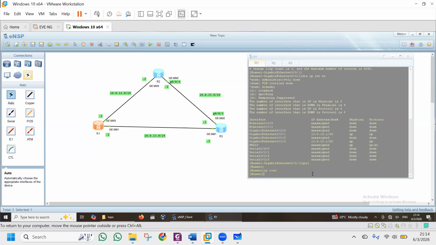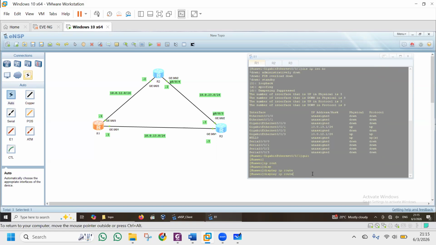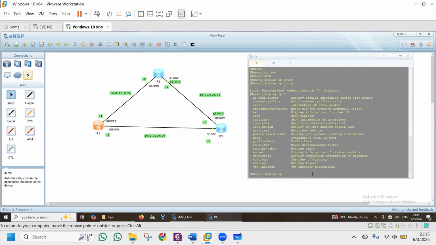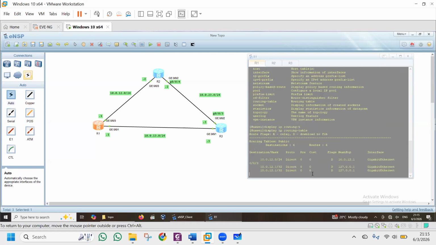Let's see the routing table first. It should be display IP route, I think. How do you display the routing table? Display IP routing table. Is this correct? Right, that's correct.